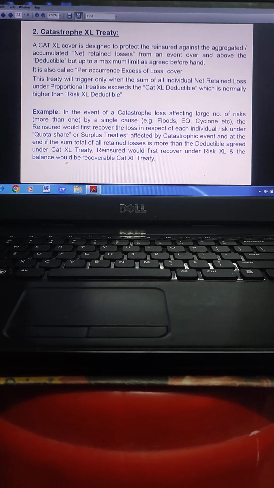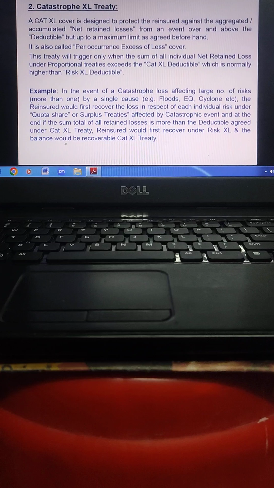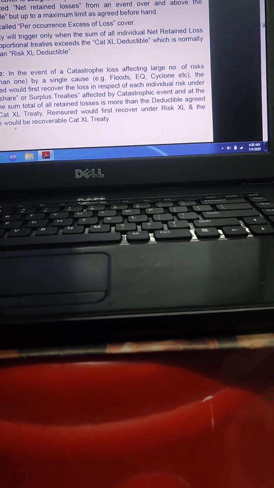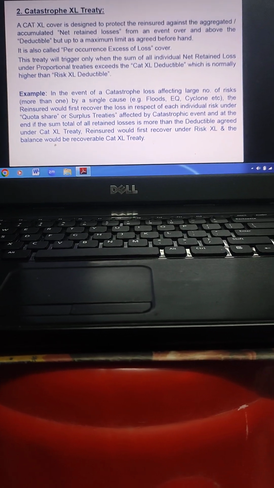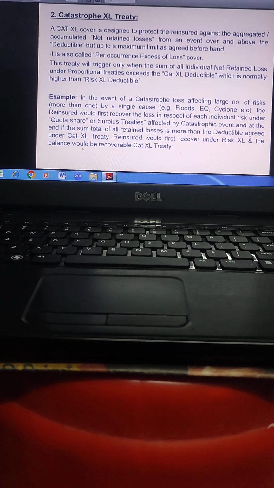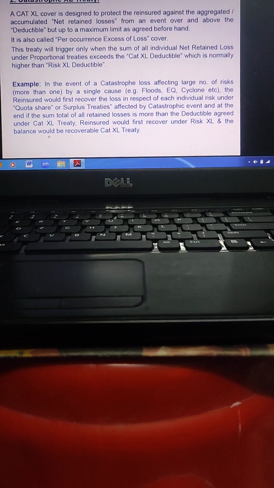Then comes the catastrophic excess of loss treaty. The CAT excess of loss cover is designed to protect the reinsured against the aggregate accumulated net retained loss from an event over and above the deductible, but up to a maximum limit agreed beforehand.